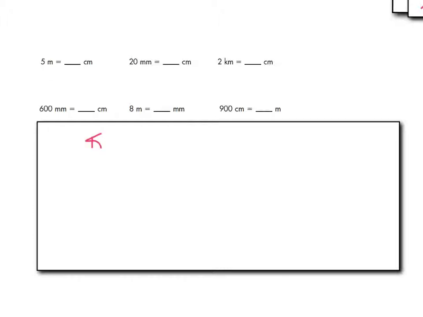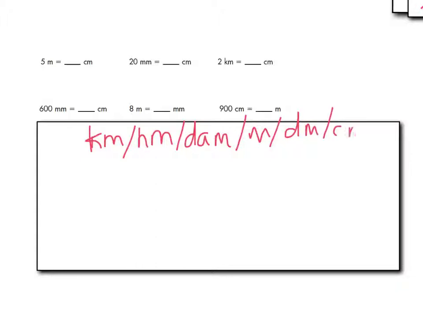Again, I can use my table to help me with this. King Henry doesn't usually, which is meters, drink, decimeters, chocolate, centimeters, milk, millimeters. And I'm going from millimeters to centimeters. That's 1 jump backwards.